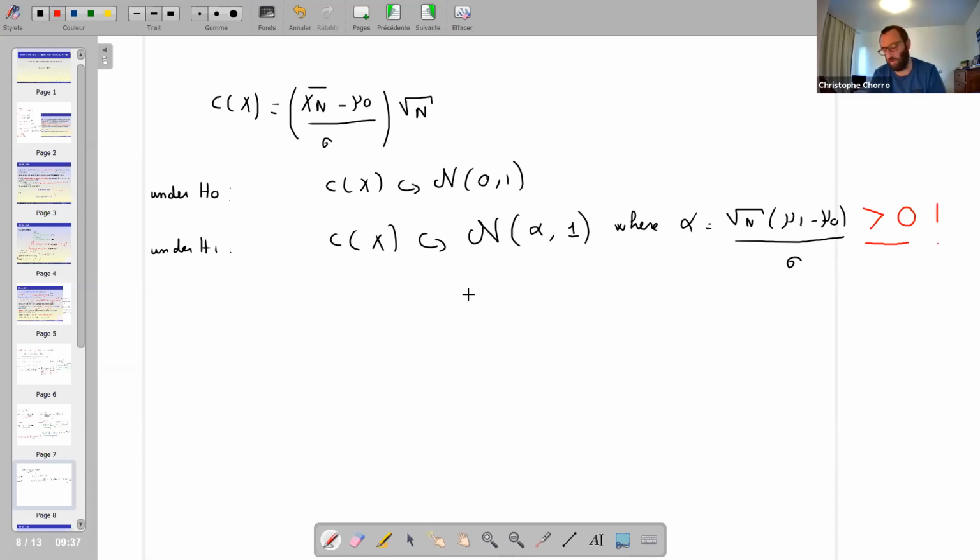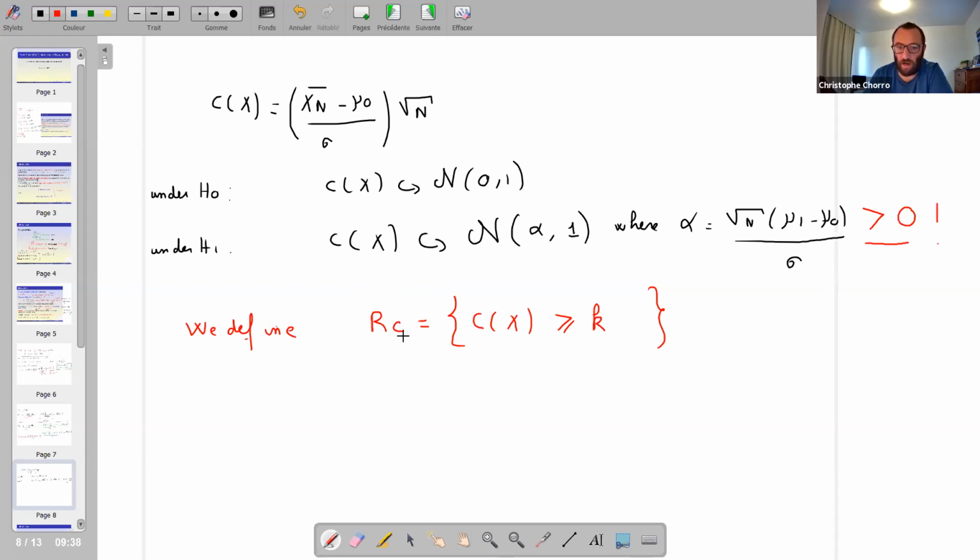So we define the following region R of C as the set where C of X is big, bigger than a particular level.